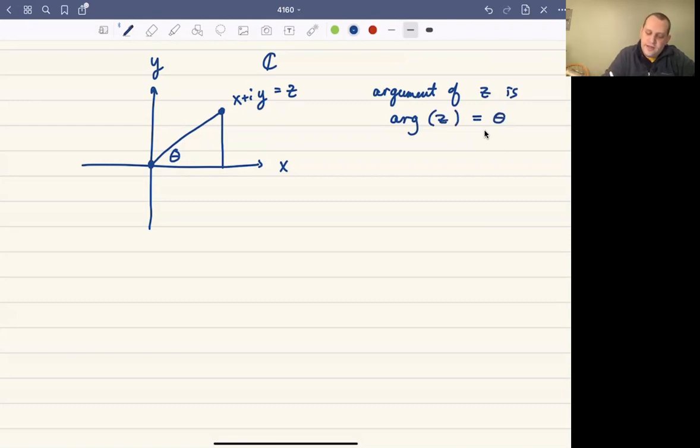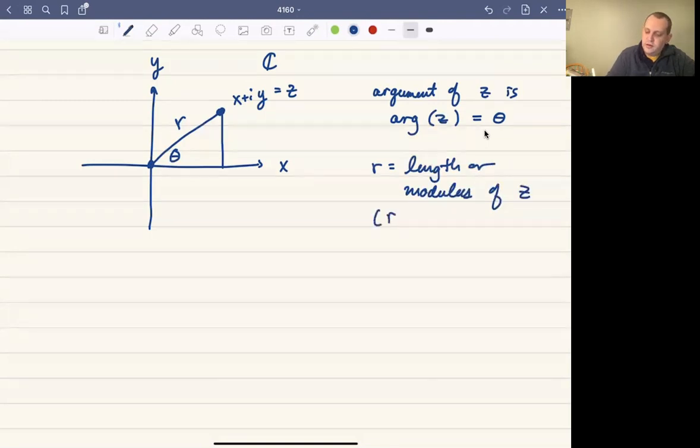Also, the line segment between the origin and that complex number has a certain length, which we'll call r. So r is the length, or absolute value, or I'll say modulus of z.